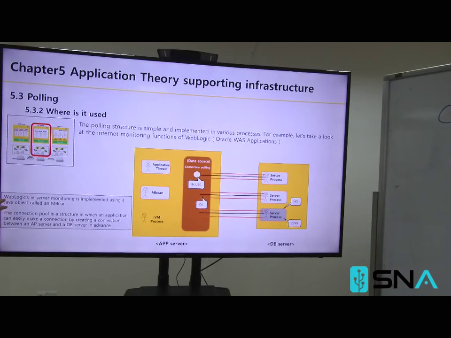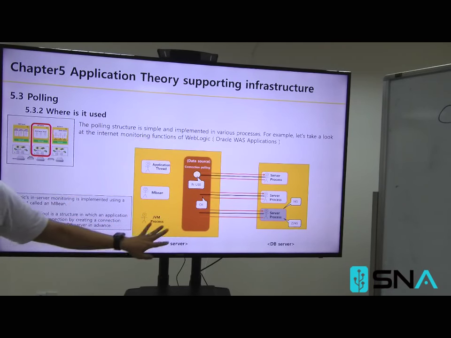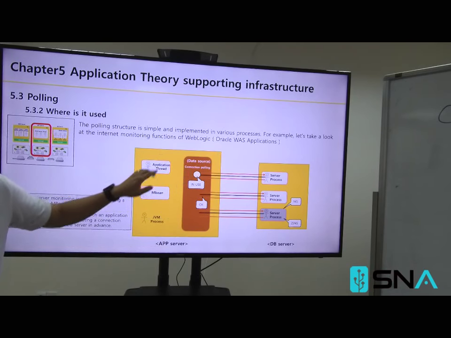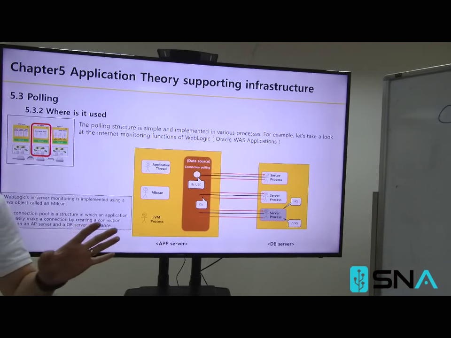The WebLogic server monitoring is implemented using a Java object called an MBean. So MBeans use a polling architecture to check the status. The connection pool. We already studied the connection pool, the DB connection pool.